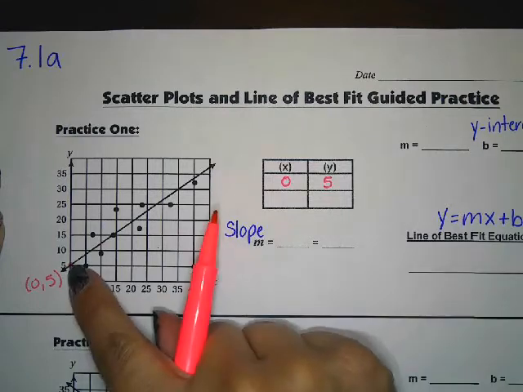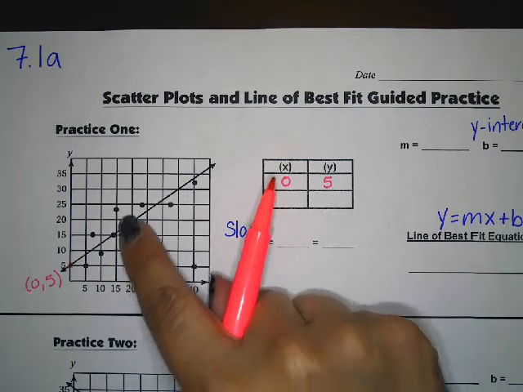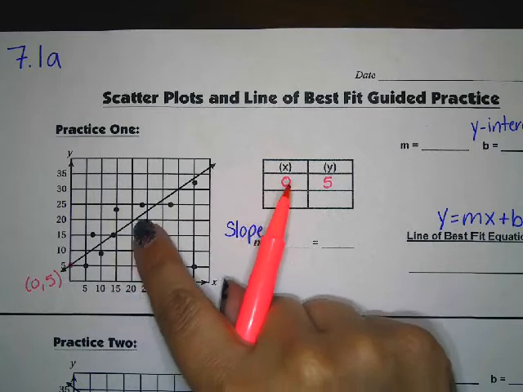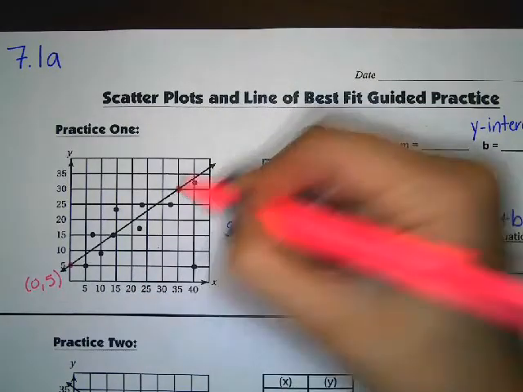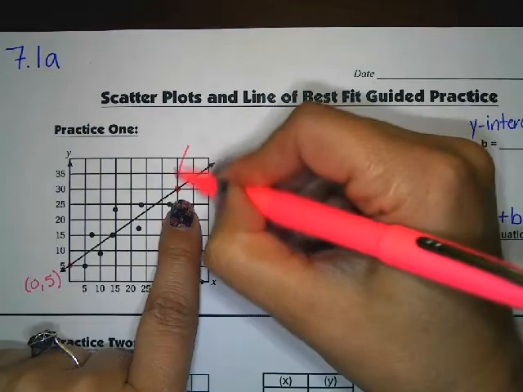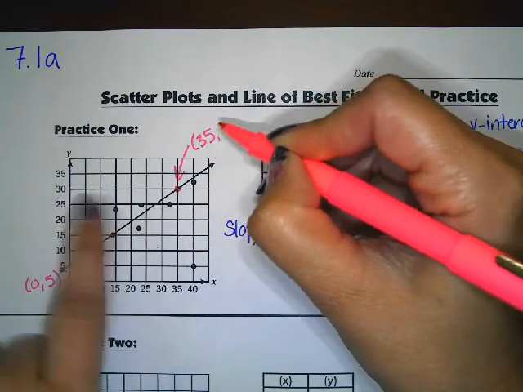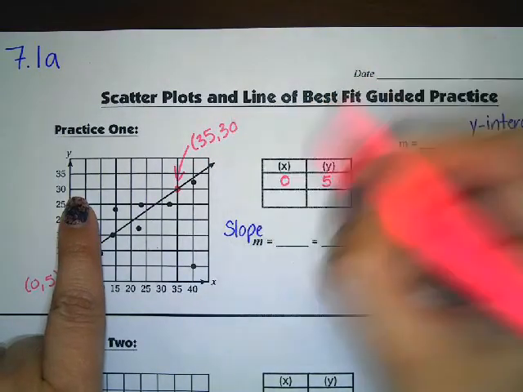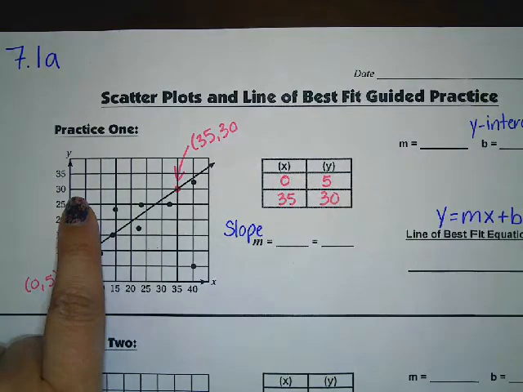Even though the line goes through this point here, it's not an exact number because it's not on this grid line. So I'm going to keep going all the way until I get up here. Here I have one that's right on there. So I'm going to use this point that I just wrote on that line. That point is 35, 30. So that's going to be my next point in my table.